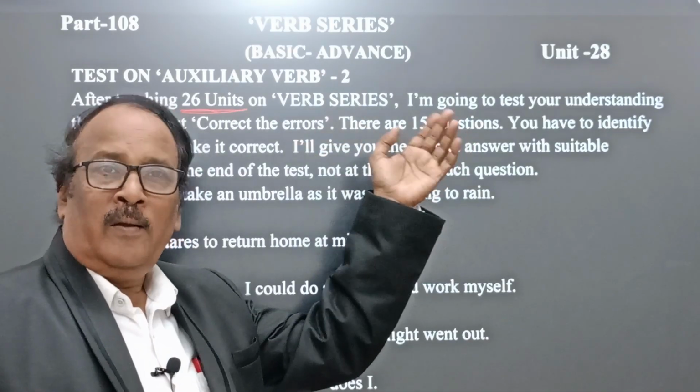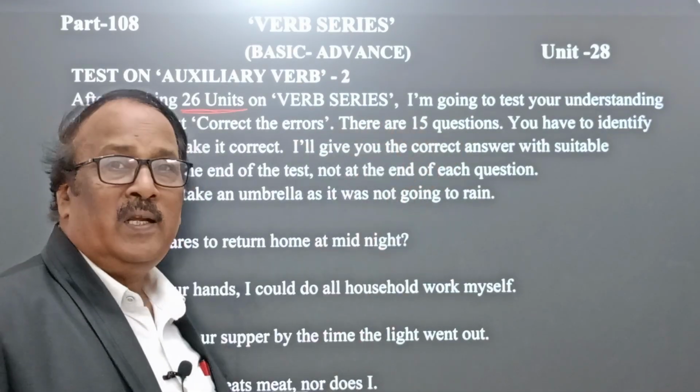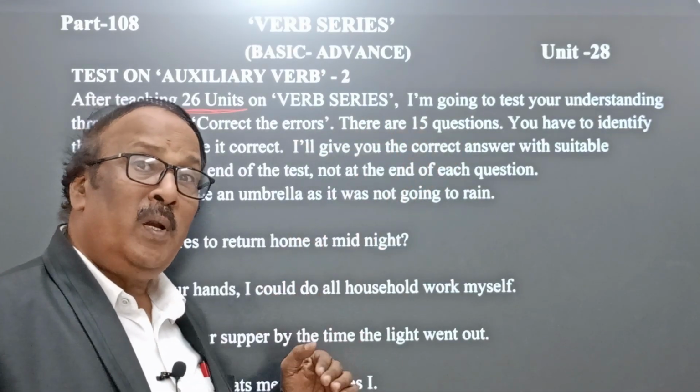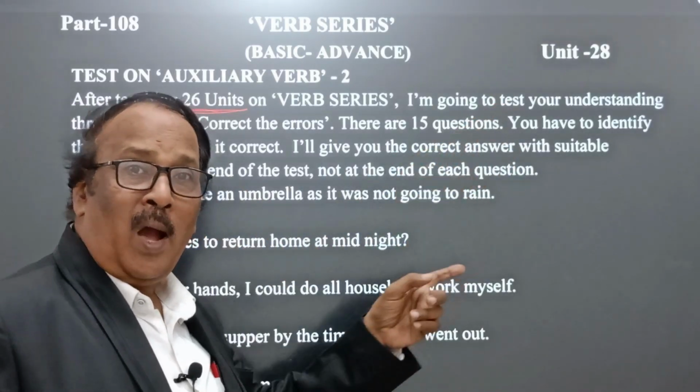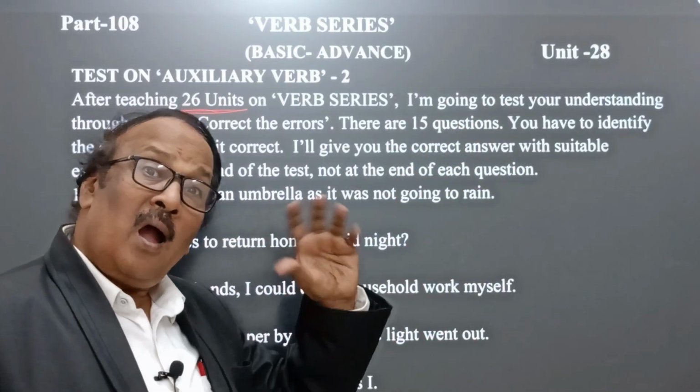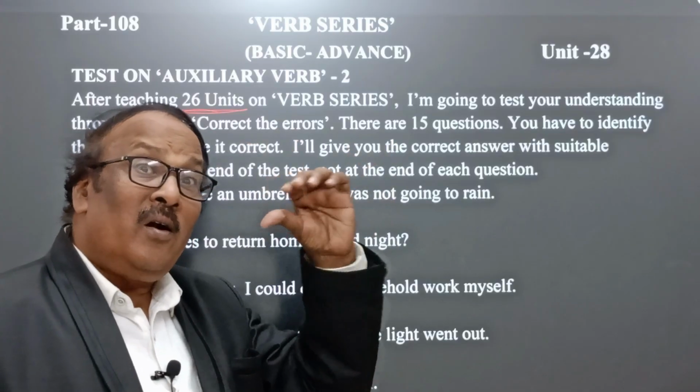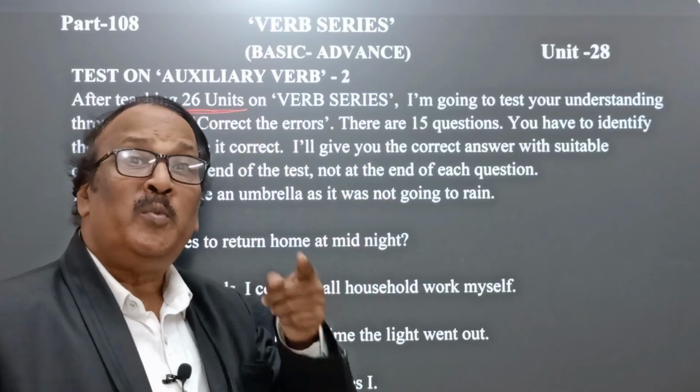Like the previous test, this test is also based on 15 questions, and it is your duty to identify the errors and try to correct them with the application of your brain.